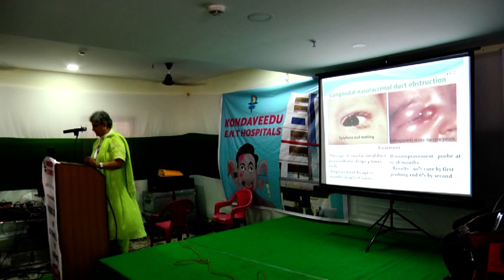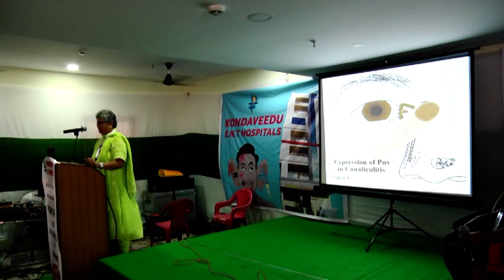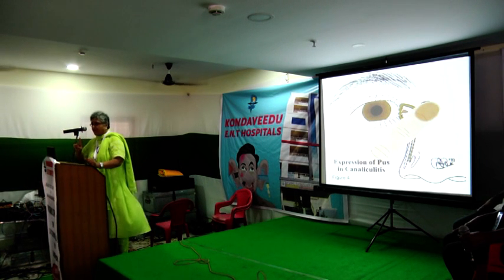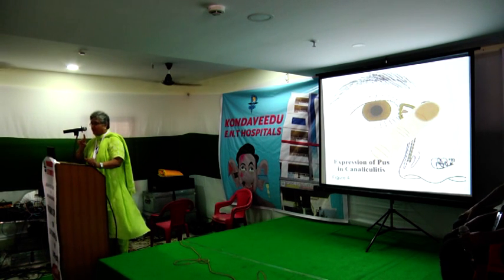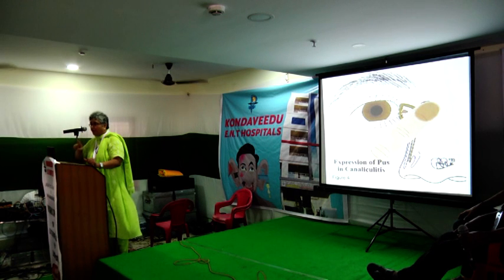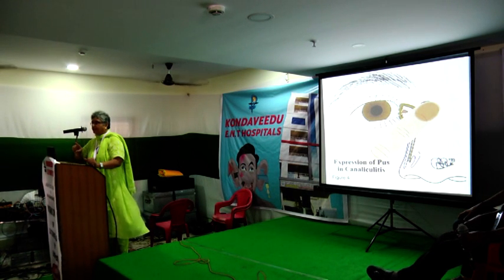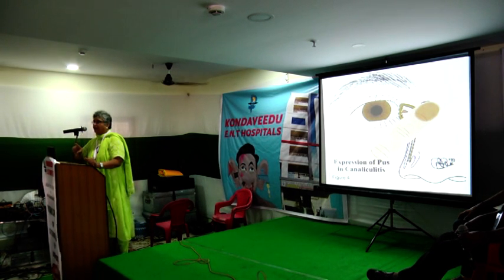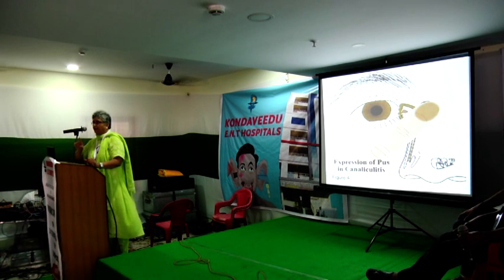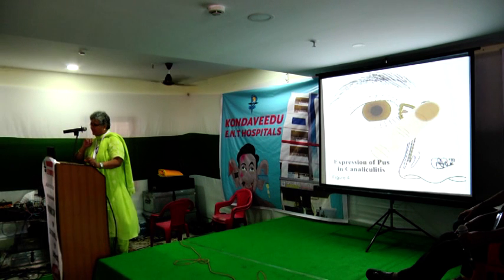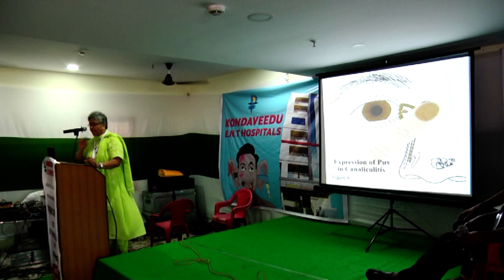And the second thing is this massage. How to do it? Put the finger at the medial canthal area over the sac area. Firmly give pressure posteriorly, then inferiorly, and lightly medially. If the mother does this massage 3 times a day, 60 to 70% of cases will cure, because we are creating a vacuum there.